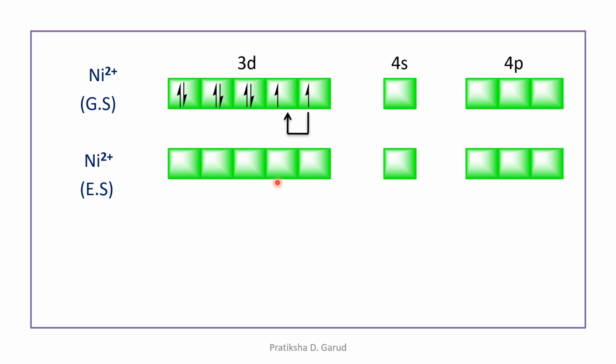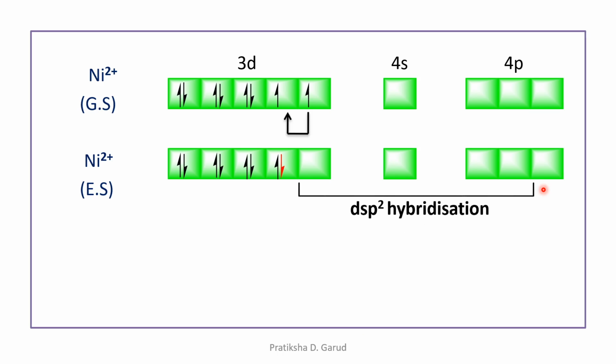So first of all we are having the first electron, second electron, third electron, then the fourth, fifth, sixth, seventh electron, and this last electron is shifted in the adjacent like this, and this is called the excited state electronic configuration of the Ni2+ ion, due to which one d atomic orbital, one 4s atomic orbital, and the 2p atomic orbitals are vacant, which are forming the dsp2 type of hybridization.